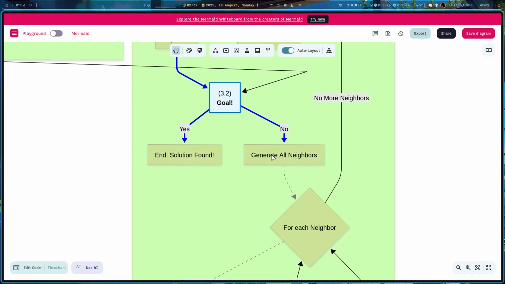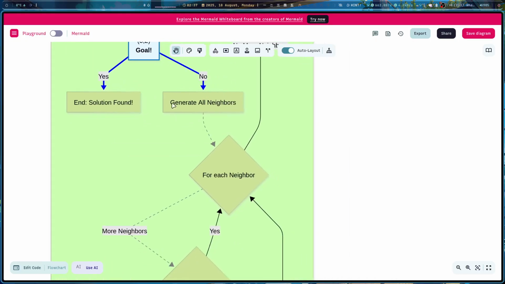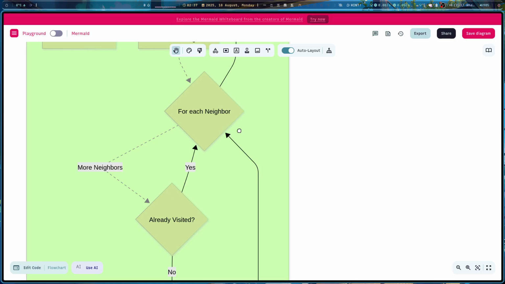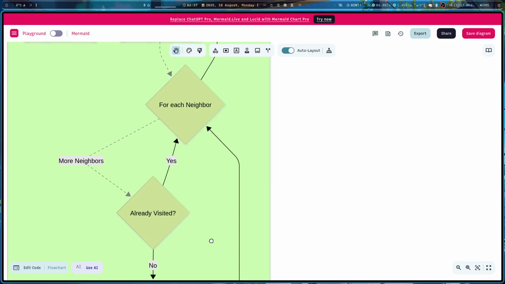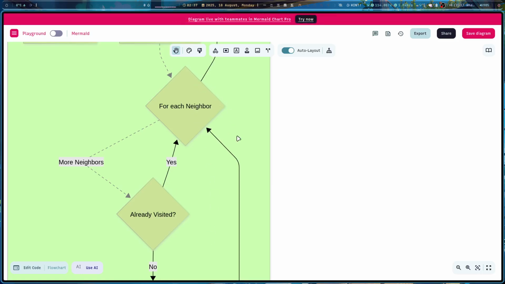Suppose you generate all the neighbors. For each neighbor, you generate more neighbors, but here the neighbor is not like in BFS, where it was the level neighbors. It's more like the neighbor which is below it, the child.